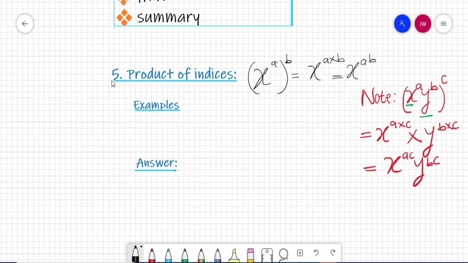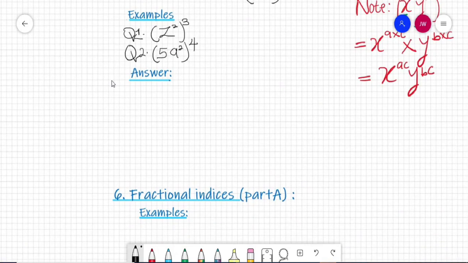Let's take some examples to better understand this law. Example 1, question 1. We have z raised to the power of 2 enclosed in bracket raised to the power of 3. Question 2. We have 5a raised to the power of 2 enclosed in a bracket raised to the power of 4.